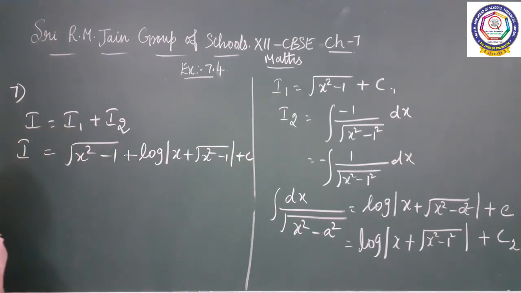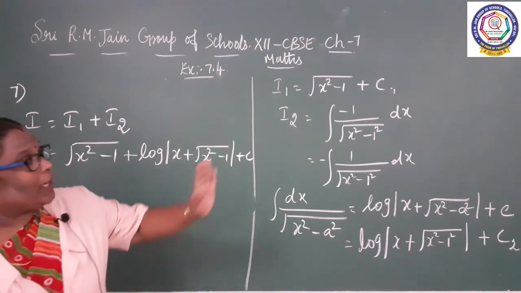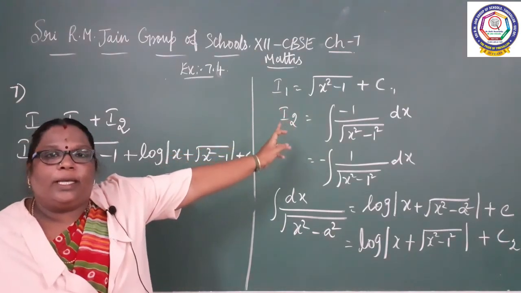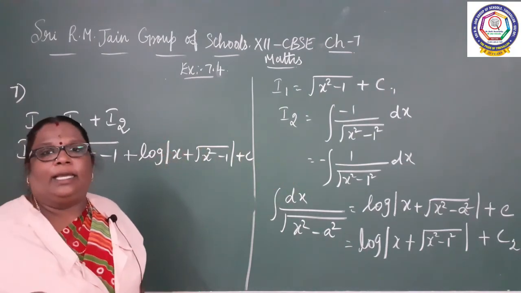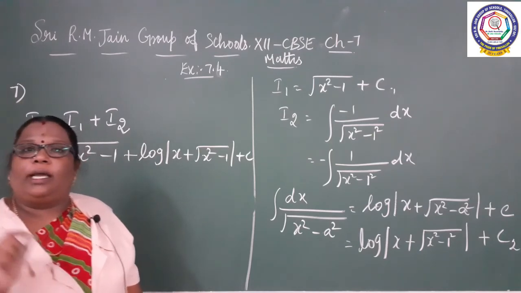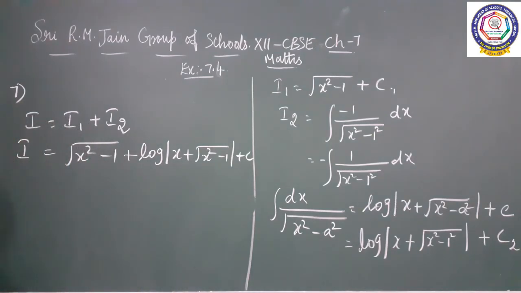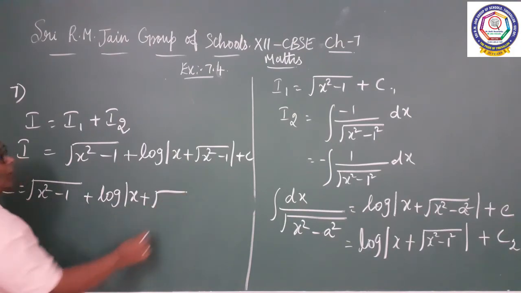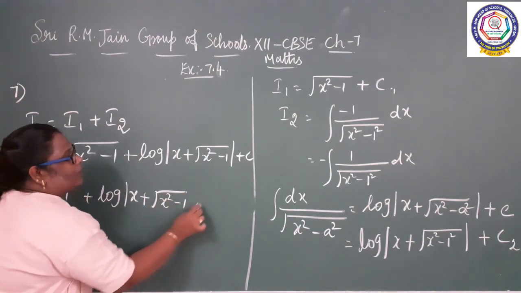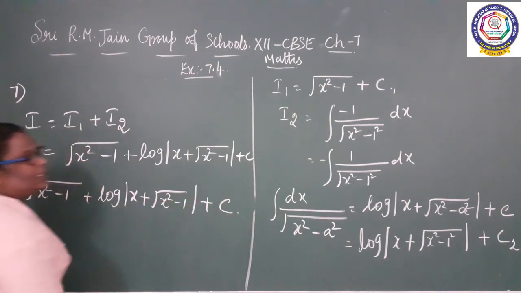You can put plus c, because c is the arbitrary constant. You don't write separately; if you want, you can write it for your reference as I1 equal to c1 and I2 equal to c2. At last you will write c, because c is an arbitrary constant. So the value is I equals root of x square minus 1 plus log of modulus of x plus root of x square minus 1 plus c.